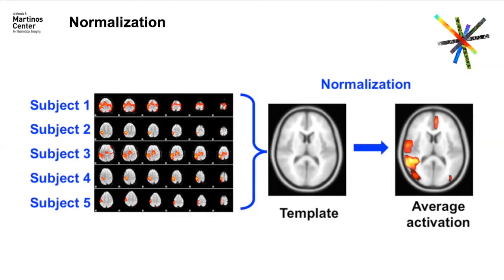So what we can do here is normalize all of them into the same template, that is usually the average brain or a template brain. So then you can, for example, average the activity between different subjects or compare the individual variation in different subjects.